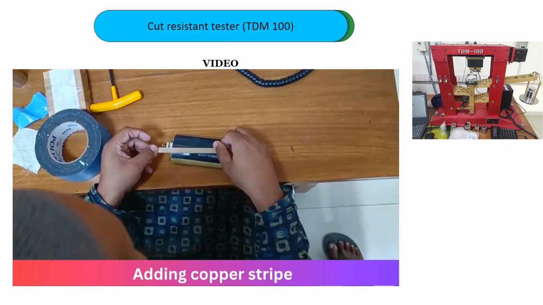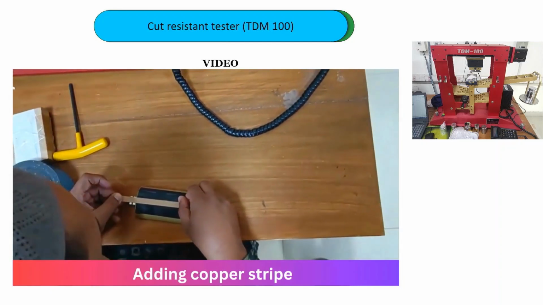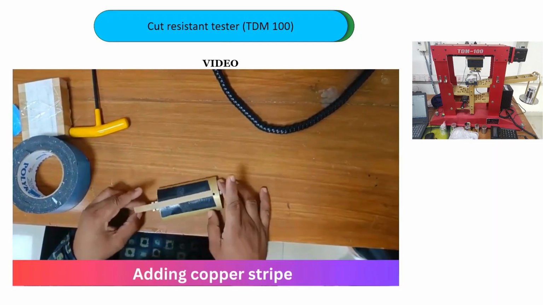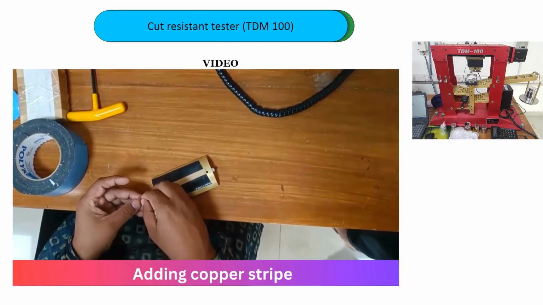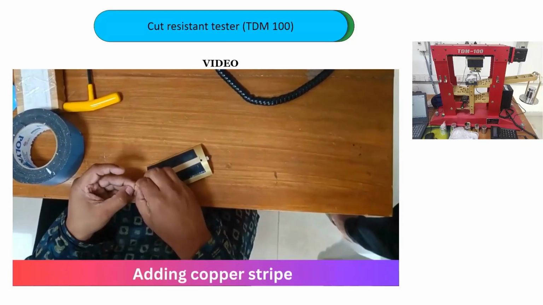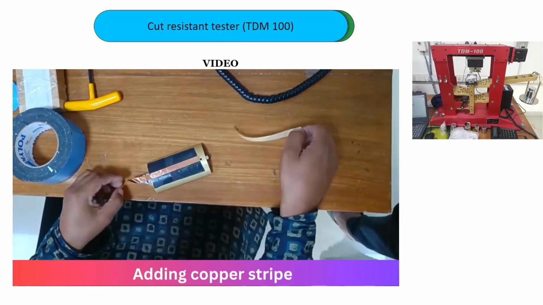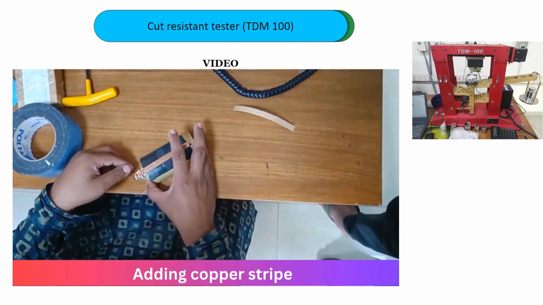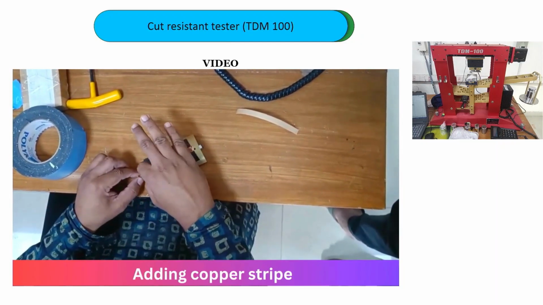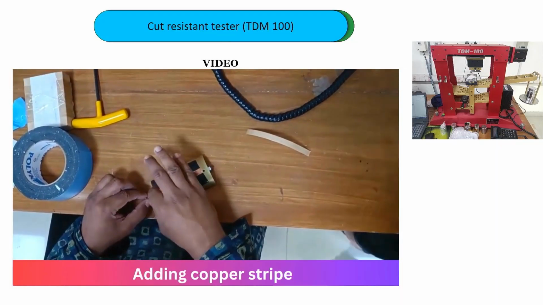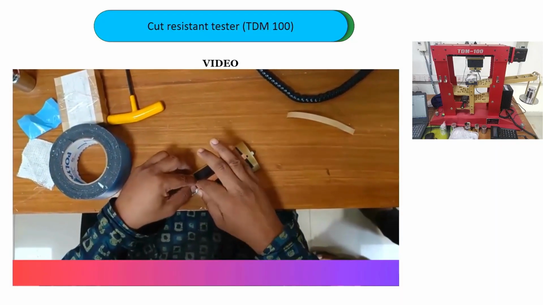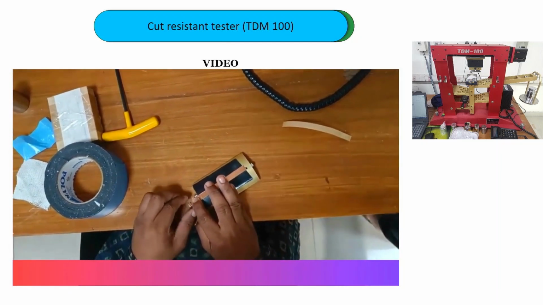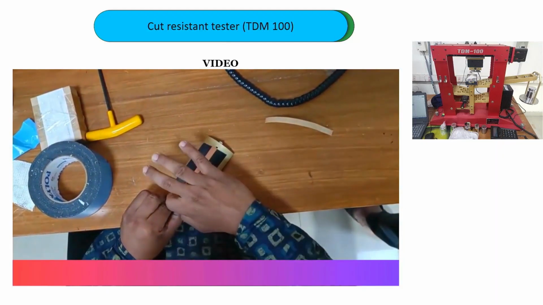This is to avoid any damage to the anvil of the system, because as soon as there is a cut, the instrument will stop. The copper strip is placed on this anvil, which is stuck with this double sided gum tape.